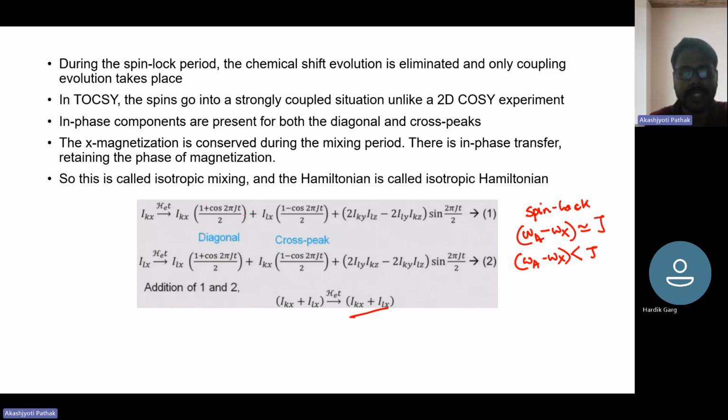After the spin lock period, we will obtain these two, I_KX and I_LX, and we see that the X magnetization remains conserved, right? That is why the spin lock period is also called isotropic mixing, and the Hamiltonian is called the isotropic Hamiltonian. Okay.